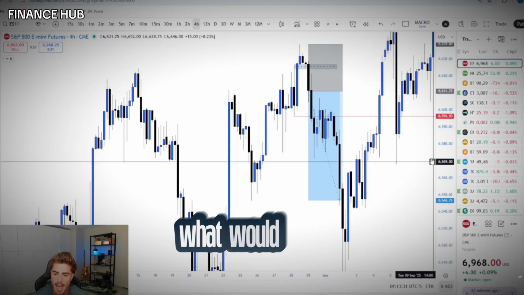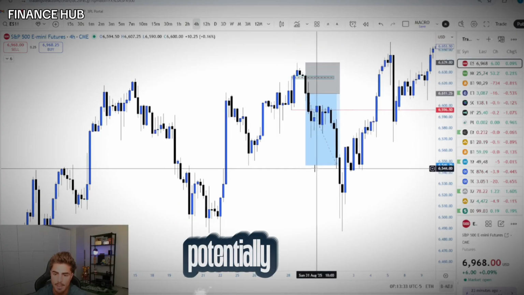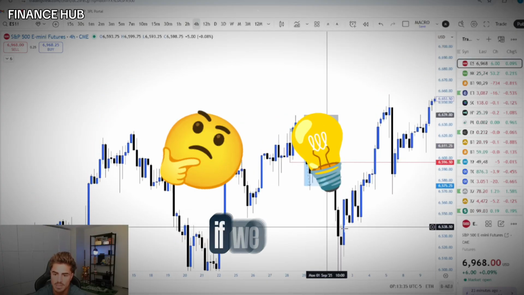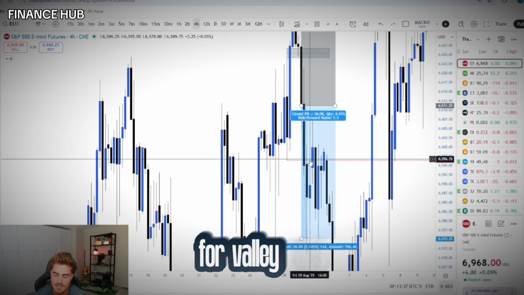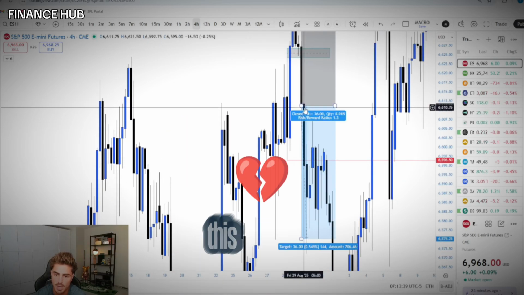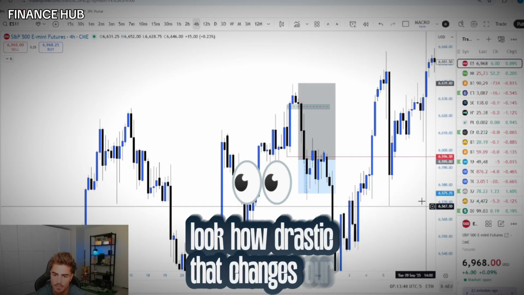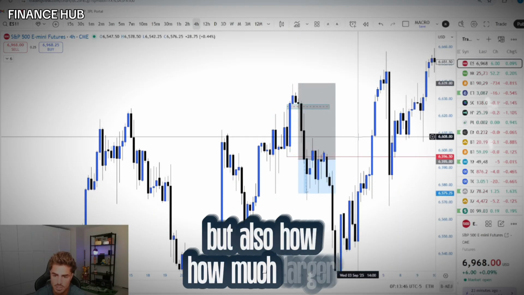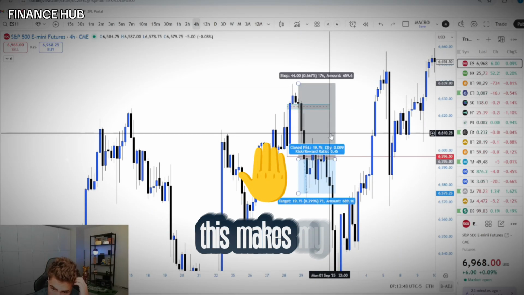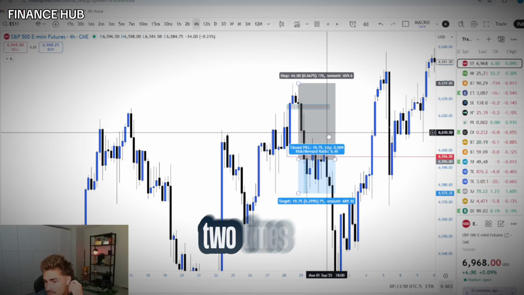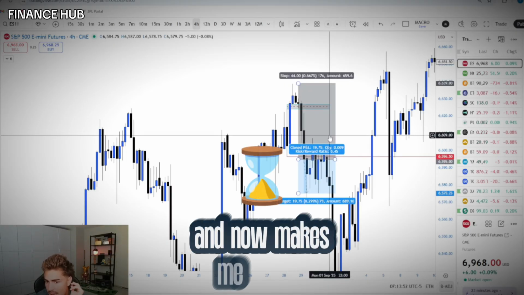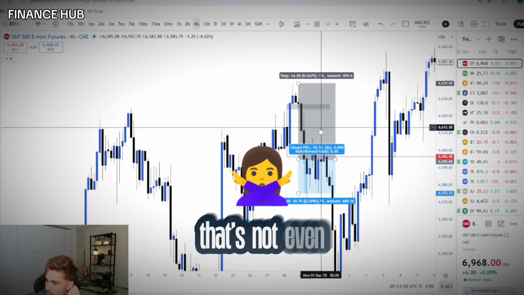However, what could potentially happen if we didn't know about inverse fair value gaps and we had to enter on this break of structure? Look how drastically that changes our risk to reward, but also how much larger it makes our stop loss. This makes my stop loss literally 2 times the size, and now makes me have a risk to reward that's not even 1 to 0.5.